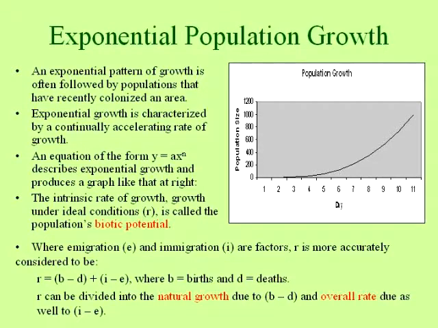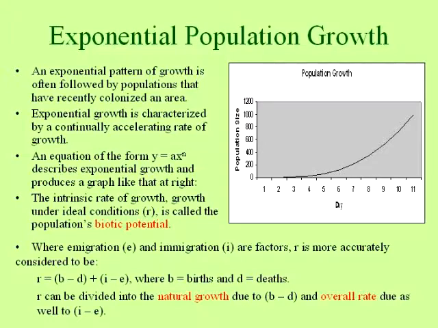In its simplest form, R is calculated by knowing about birth rates and death rates. So if we subtract the death rate from the birth rate, we have R, the intrinsic rate of population growth. However, there are also other factors that can influence population growth.